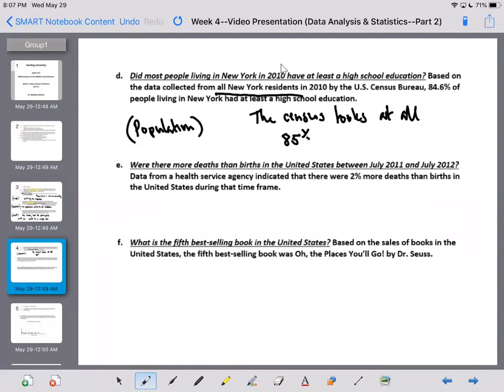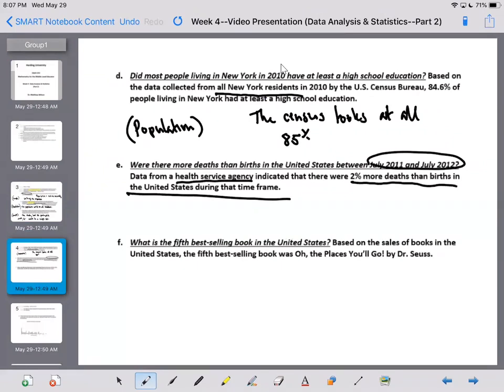Part E, were there more deaths than births in the United States between July 2011 and July 2012? So we're looking at 1 year, and the data from Health Service Agency indicated that there were 2% more deaths than births in the United States during that time frame.